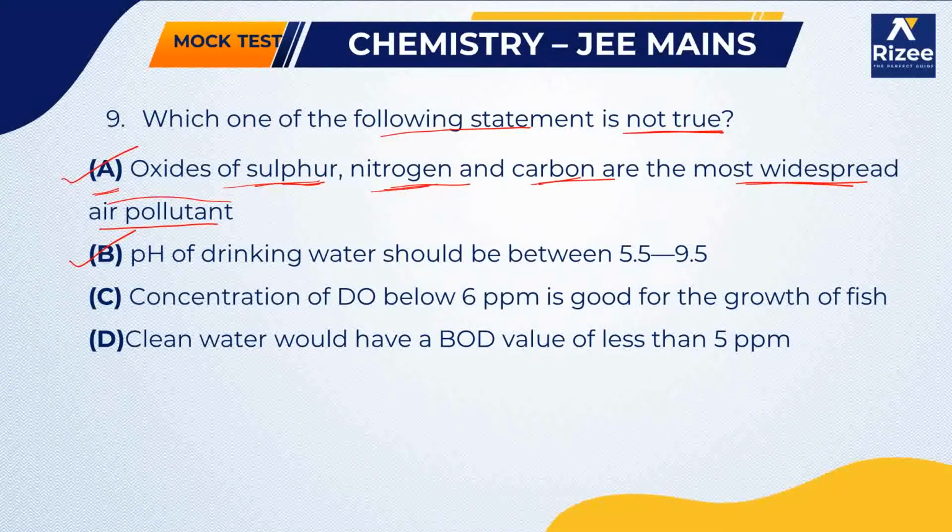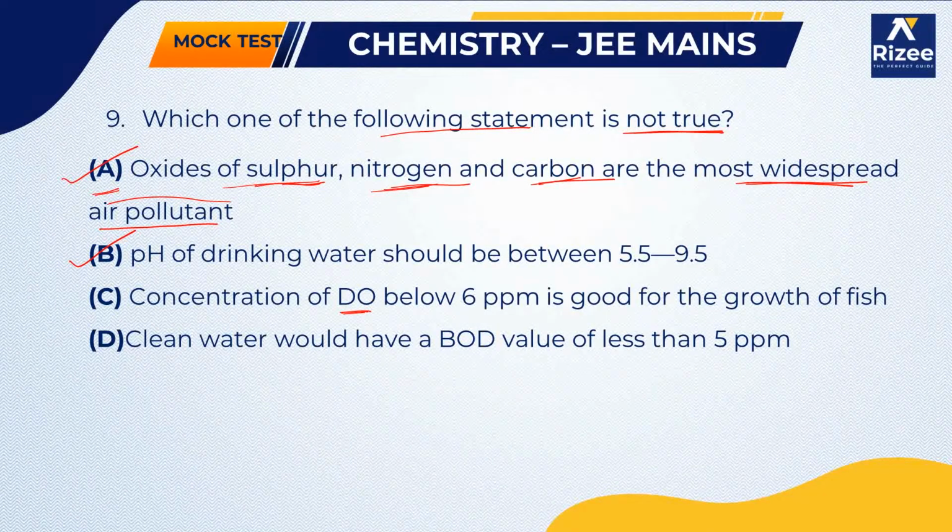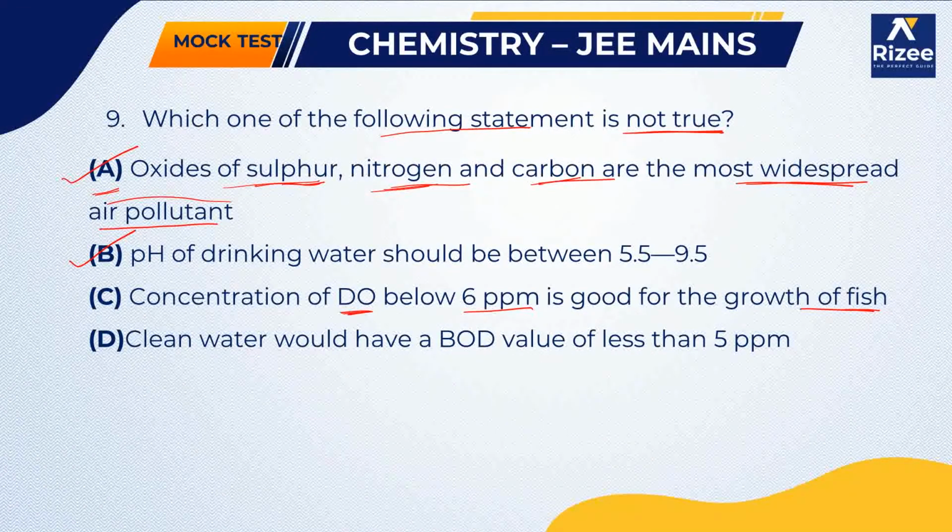Next, concentration of DO below 6 ppm. What is the meaning of DO? It means dissolved oxygen. So concentration of dissolved oxygen below 6 ppm is good for the growth of fish. No, because the concentration of DO should not be less than 6 ppm for the growth of fish. If it is less than 6 ppm, it will inhibit the growth of the fish. So that's why this is the wrong answer.